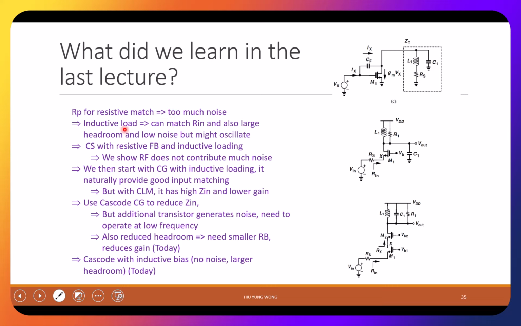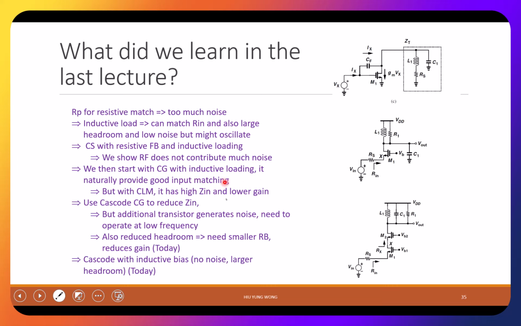So we try to do inductive load, because we showed that due to the feedback capacitor here, I can actually match the input impedance, but sometimes it might oscillate. Later we say, how about we try a feedback resistor? We can do that pretty well, and it doesn't contribute much to the noise. However, still high, more than 3 dB.